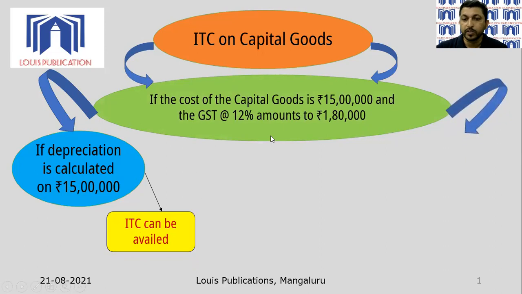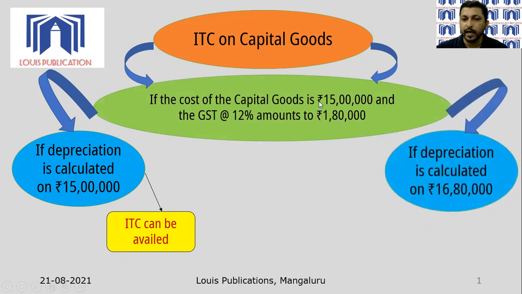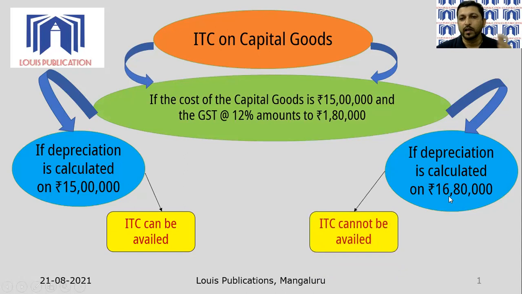Now, if depreciation is calculated on 16,80,000, that is 15 lakh the cost of the goods and 1,80,000 the GST amount. So if the SSE or supplier is charging depreciation on 16,80,000, that means on this GST amount also depreciation is calculated, then input tax credit cannot be availed.